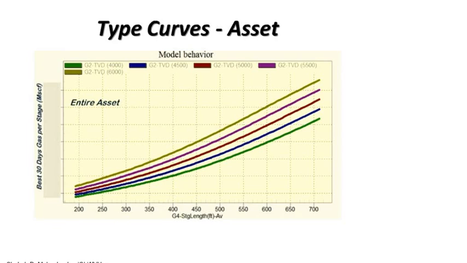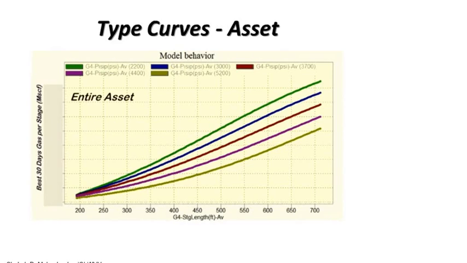So here you will see in several plots, on the x-axis, the stage length in feet, average stage length from 200 to 700. On the y-axis you see best 30-day gas production, and each line identifies a TVD here, and as you see, as TVD increases, so does the production in this particular one for the entire asset.